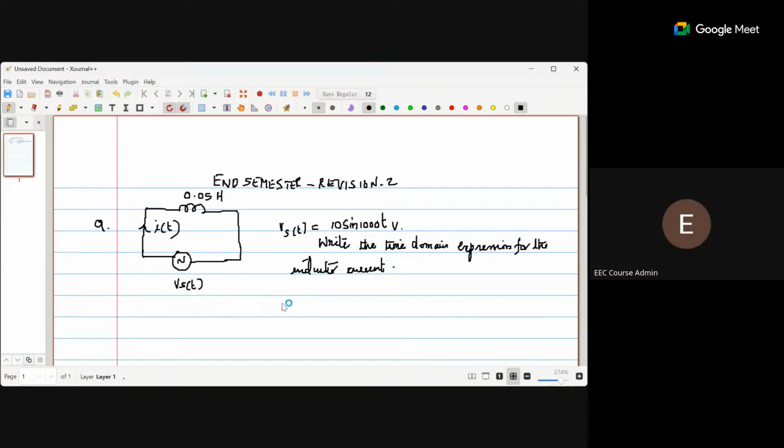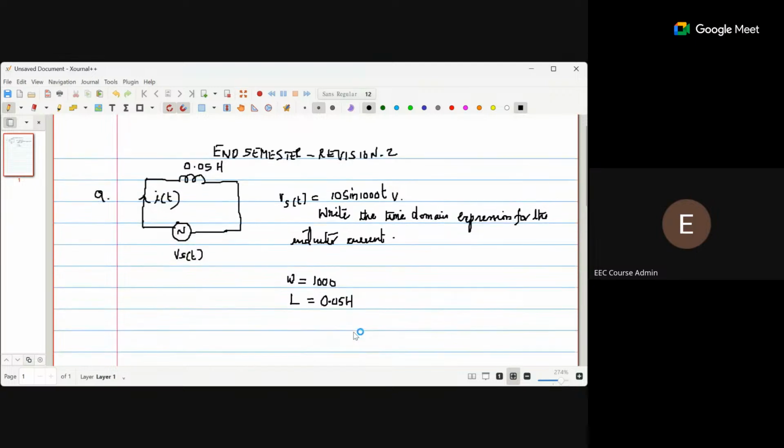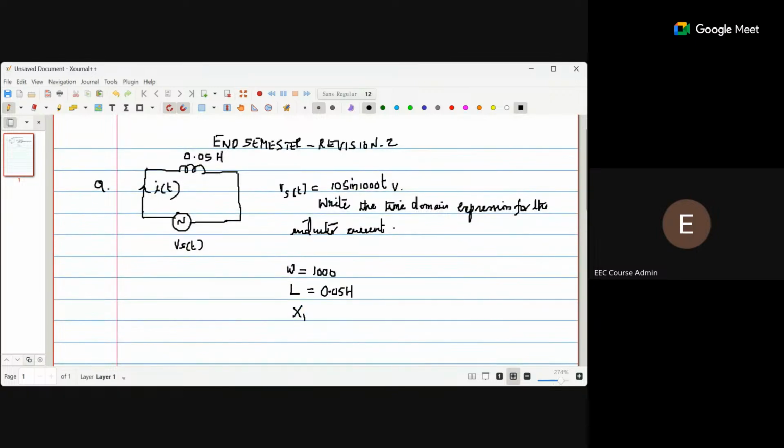From the given expression for Vs, we know that omega is 1000. So L value is 0.05 Henry, so we can calculate the reactance.